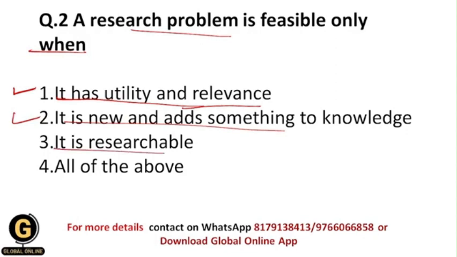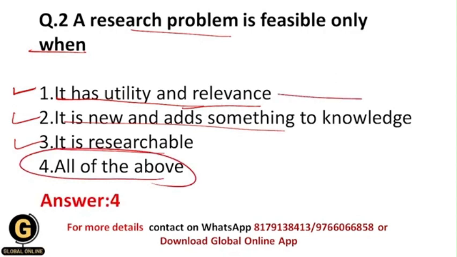If somehow the research problem is not researchable, then obviously you cannot do the research further, and that's why the research problem should be researchable, and after that it will be feasible. Okay, so this is another option when the research problem is feasible, and that's why the correct answer to this question is 4, that is all of the above, because in all of these situations the research problem is feasible.